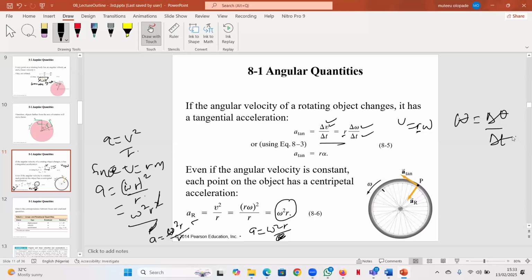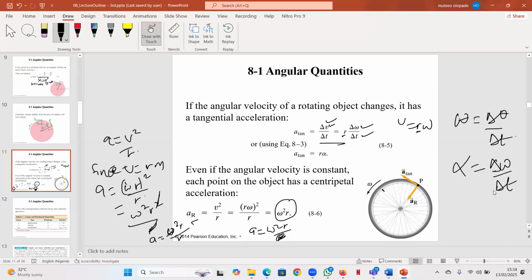We also have the angular acceleration, which is the change in the angular velocity divided by time. I hope it's clear up to that point.